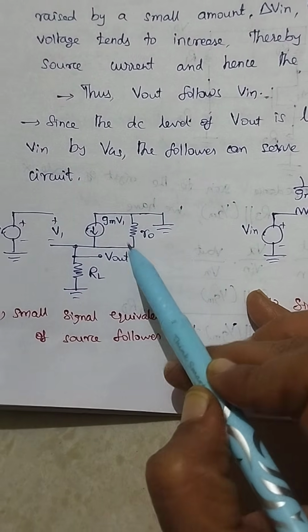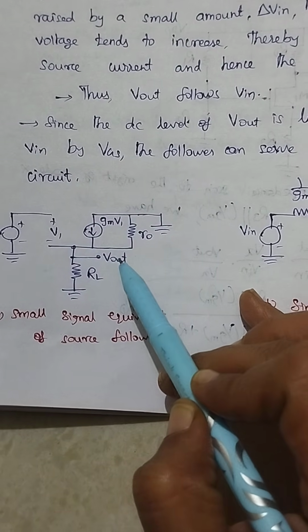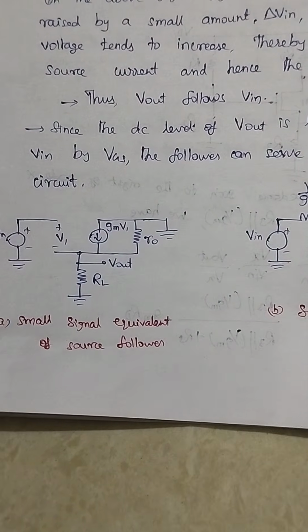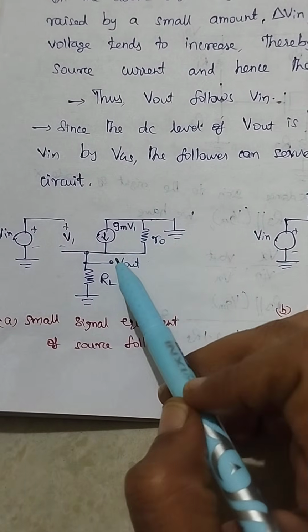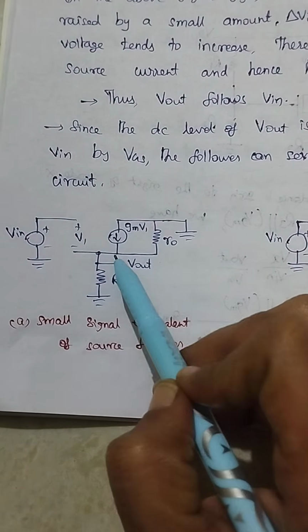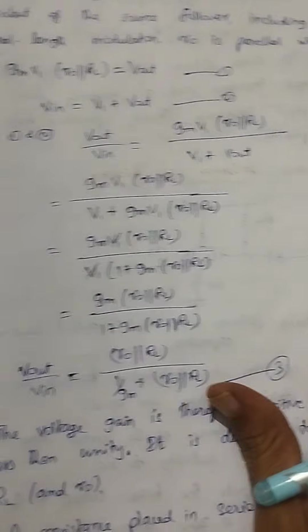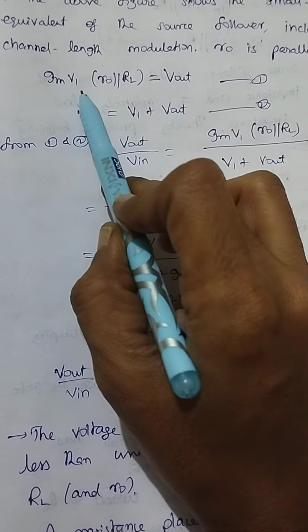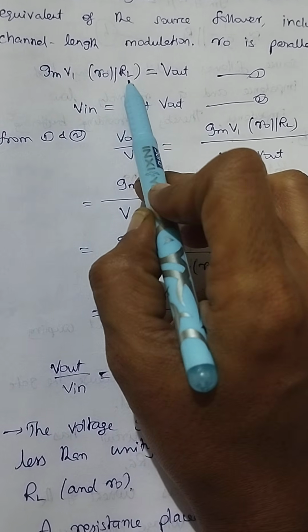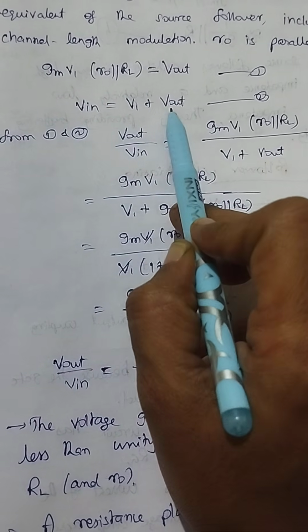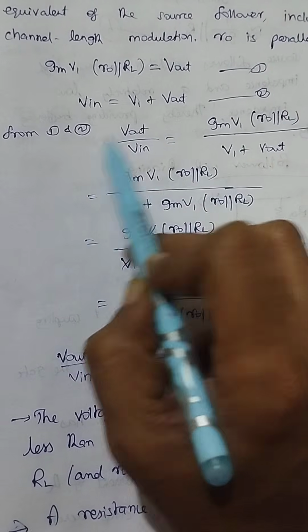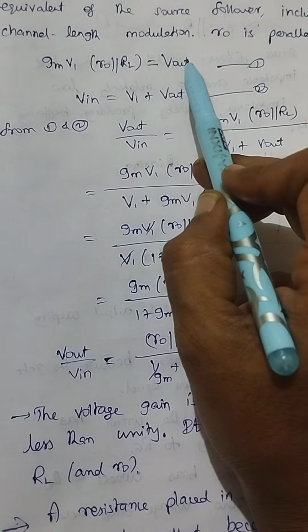The multiplication of these two gives us the output voltage. And Vin equals V1 plus Vout. So we have Vout equal to Gm V1 into R0 parallel RL, and Vin equal to V1 plus Vout.